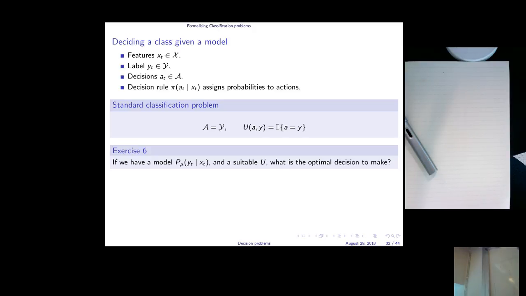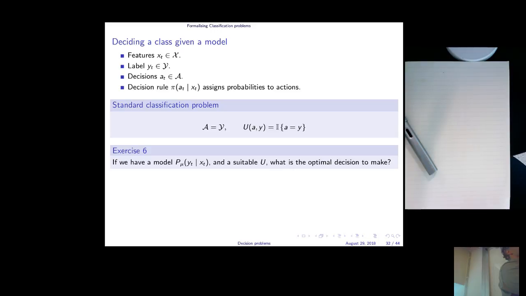We observe some features and we want to guess the label, so we condition on the features. And what else does the utility depend on? It's a function of two things: our action, our classification decision, and the label.